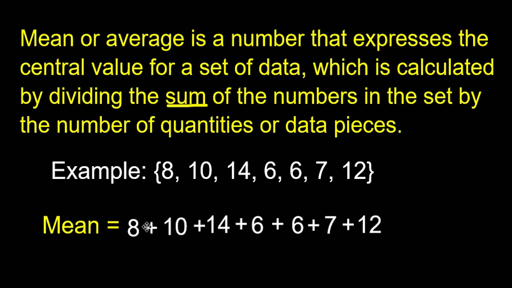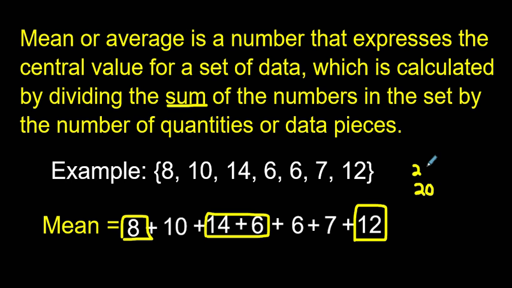And we're going to end up dividing this by the number of quantities, but when adding, it's easy if we use our commutative and associative properties to add our compatible values together first. In this case, like 8 plus 12, we get a nice round 20. 14 plus 6, again, we get a nice even value such as 20.